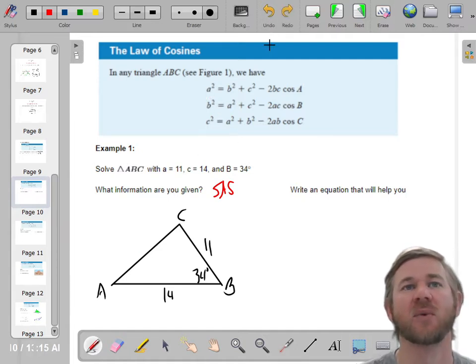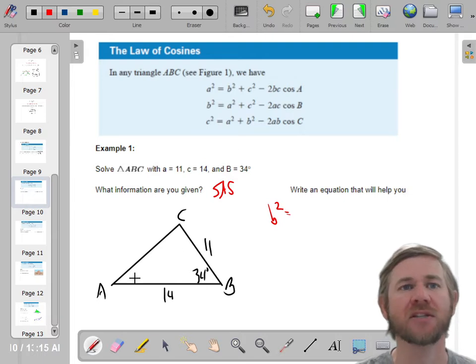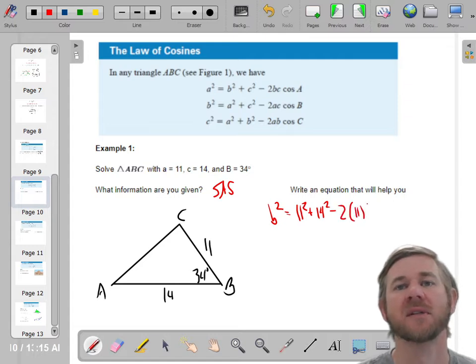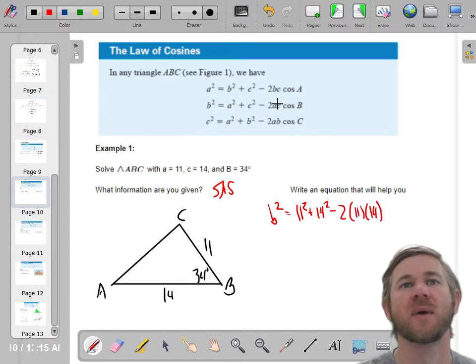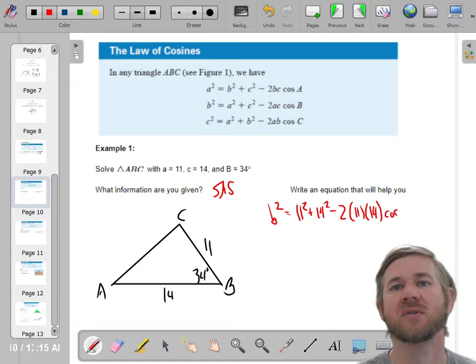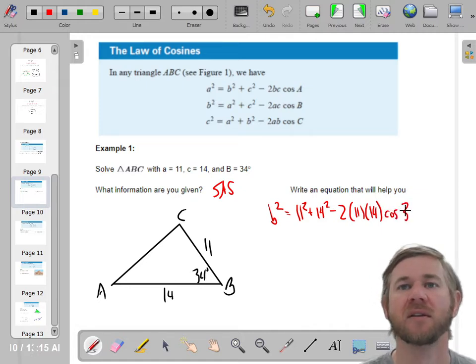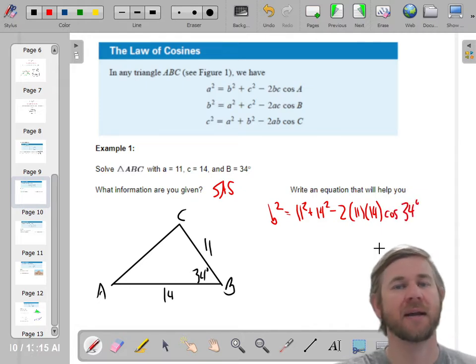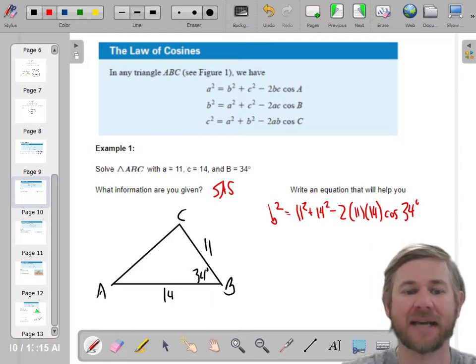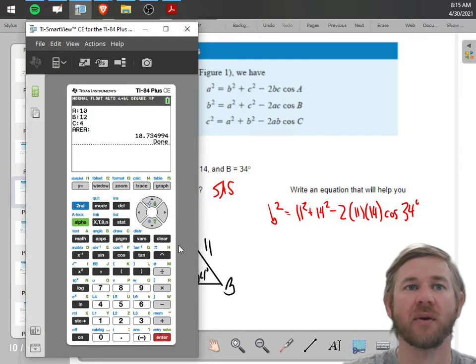That's the one that has b squared. So we're saying b squared is a squared, 11 squared, plus c squared, 14 squared, minus 2ac, so 2 times 11 times 14, times the cosine of angle B, 34 degrees. Look at that, we got everything we need. We just got to type it all in, and then we'll take the square root, and we're good.